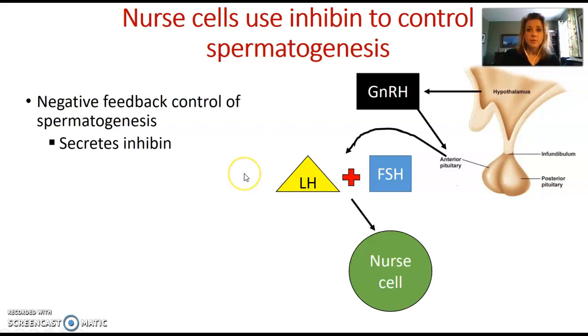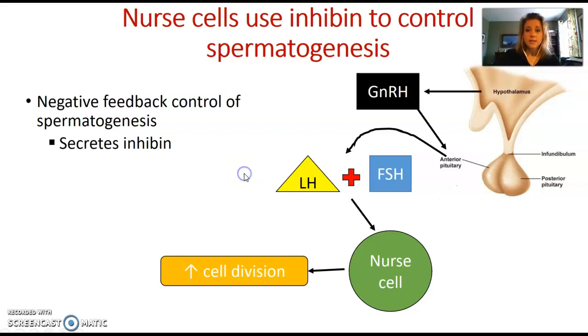That gets into the bloodstream and stimulates the nerve cell to support cellular division, to increase cellular division of the spermatogonia, of the primary spermatocytes, of the secondary spermatocytes, all of those different divisions that are required in order to create the new spermatids. But then as cellular division increases, the nerve cell might be like, oh, we've got enough of this. We can kind of slow this process down.